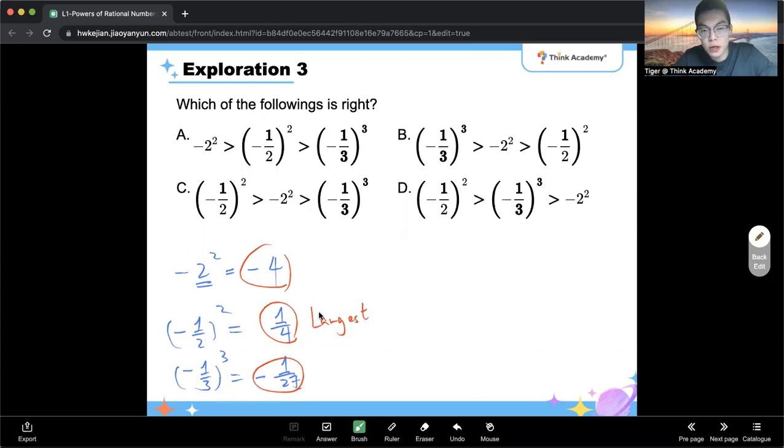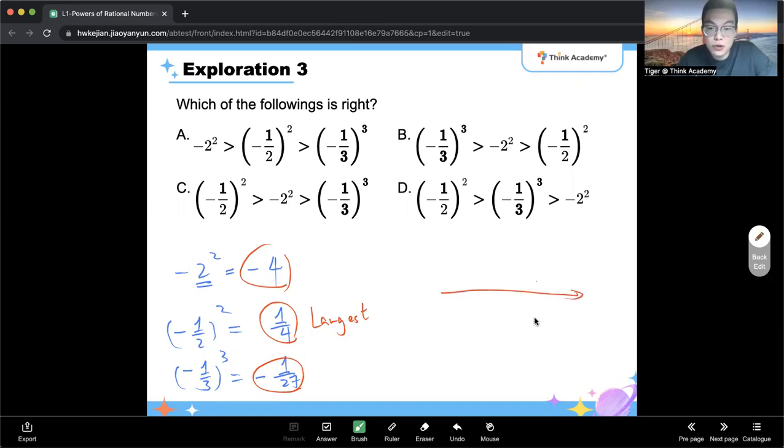And which one is the smallest? So if you're comparing -4 and -1/27, which one do you think is smaller? Yeah, that's right. So you are very, very clever. -4 is definitely smaller because it is more negative, right?